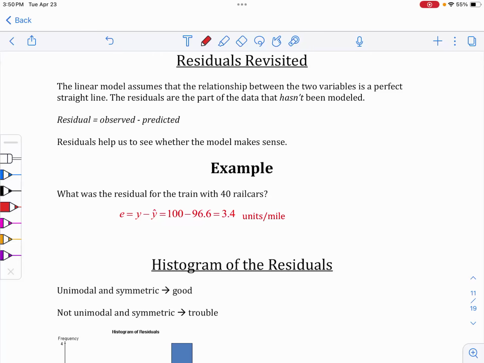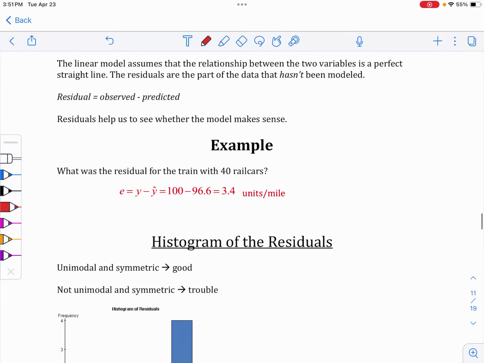Our residuals are observed minus predicted. It's a very simple concept to calculate. You could calculate these values by hand, the actual value minus the predicted value, the guess value. But StatCrunch does these calculations for us and then plots these values.